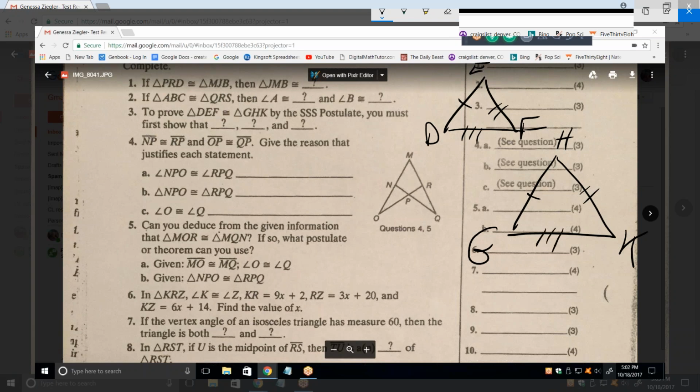It'd be line DE is congruent to line GH, and so forth. In other words, the 3 different relationships. The thing is, they sure didn't leave you much space to write that.